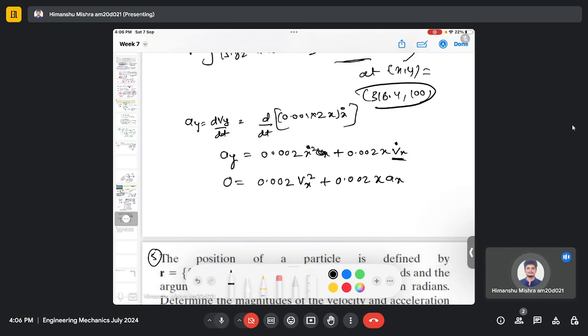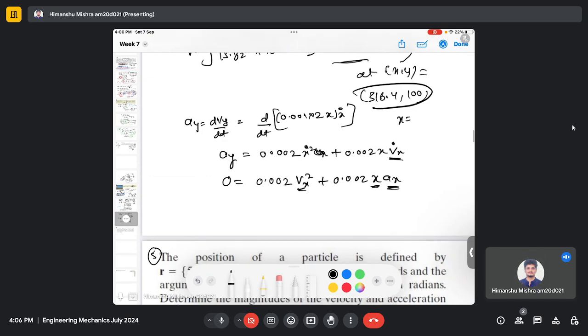So now I can find Ax here because we already know what is Vx. We already know at which location we want to find. So we need to find acceleration at x equals 316.2 meter and y equals 100 meter. So at this position we need to find Ax.